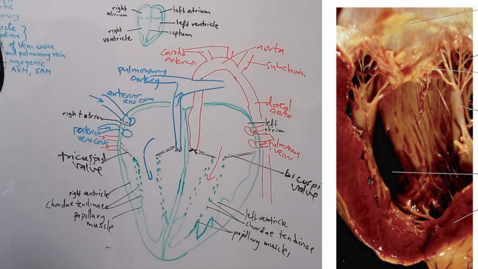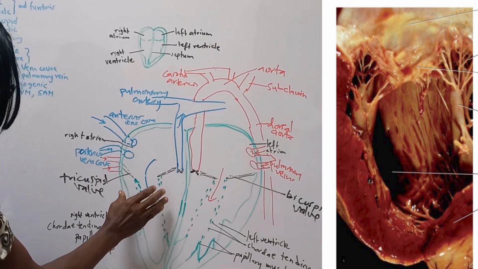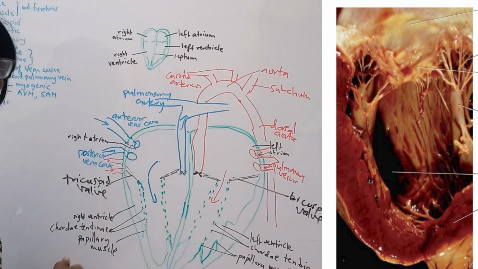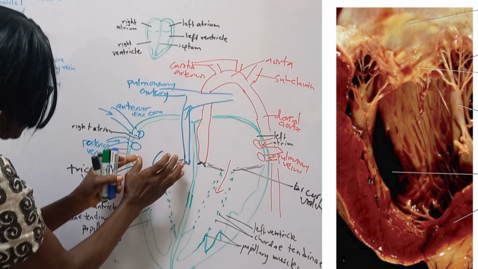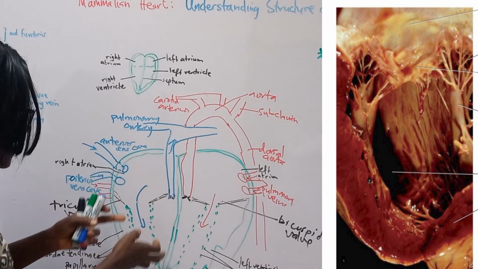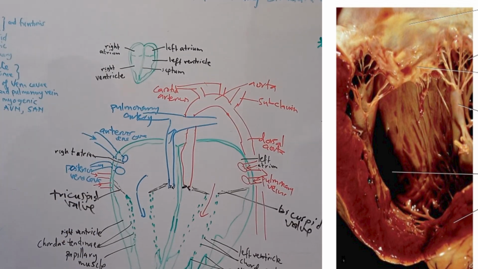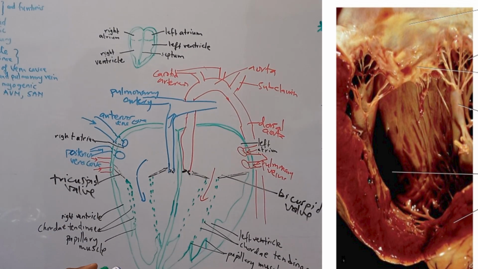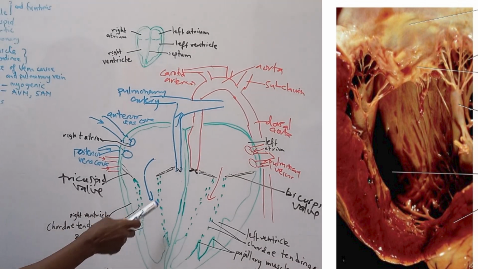That is the function of the papillary muscles and the cords, to make sure that the valves close but do not turn into here to let the blood flow. Very neat adaptation.